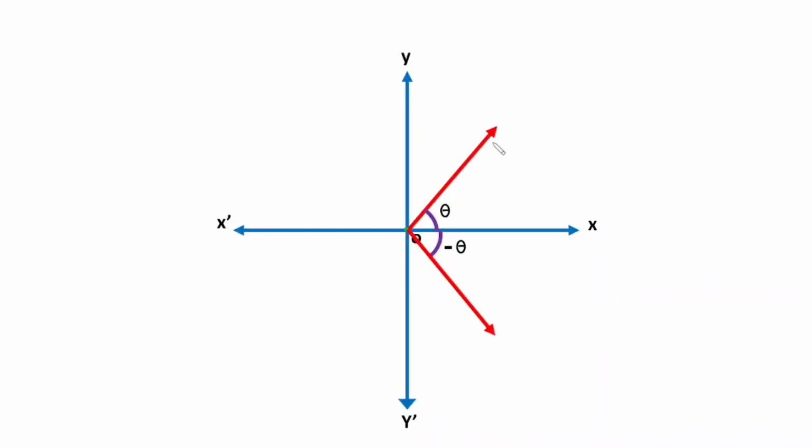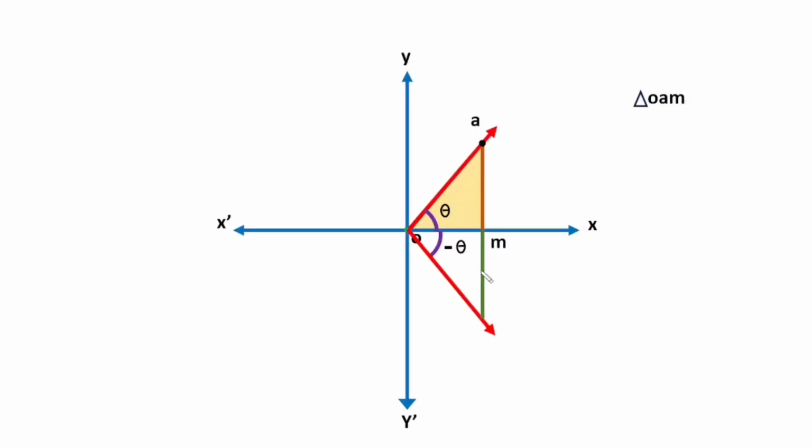Now I would like to take a point on the ray of positive theta, that is A. I would like to drop a perpendicular from point A on the x-axis. The perpendicular touches the x-axis at point M. So we have got a triangle OAM. Now I would like to produce this AM up to the ray of negative theta.